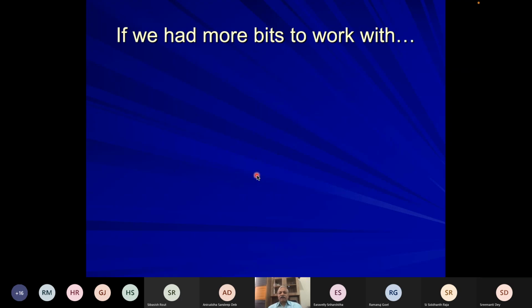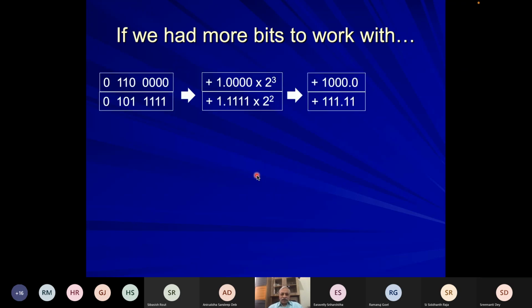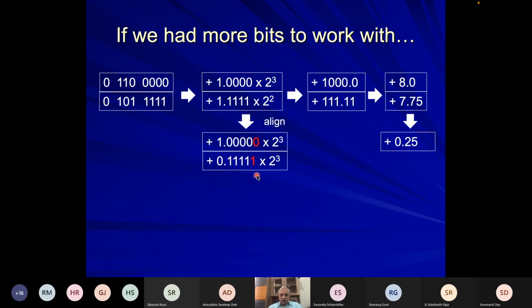The problem is that we are throwing bits. If we had more bits to work with, we may not have lost that. So we do this exercise again and use one additional bit here. Although in representation we have some limited number of bits, temporarily in the hardware we can allow more bits for doing the calculation and finally pack the result into the given number of bits.